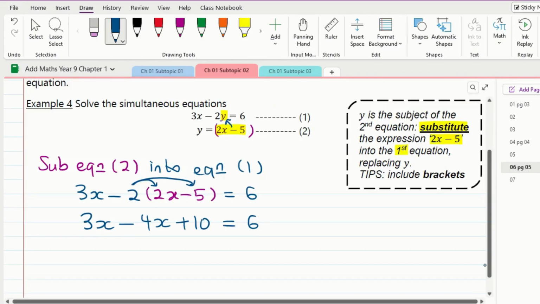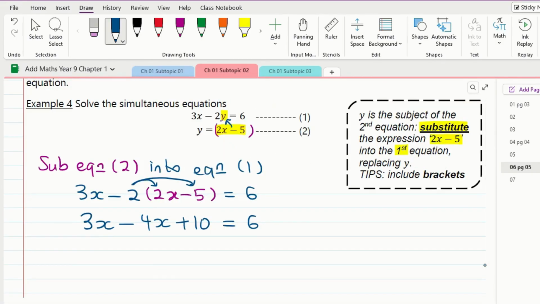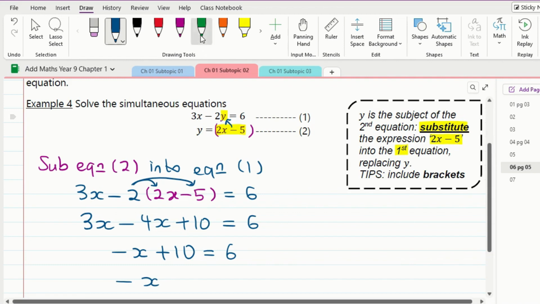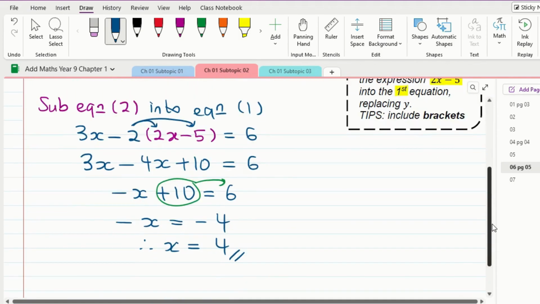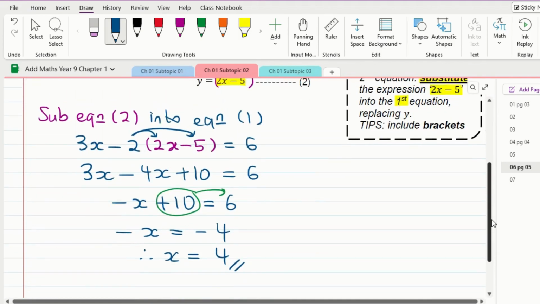So here 3x minus 4x is negative x plus 10 equals to 6. So here negative x is equal to, once you move the 10, 6 minus 10, you will get a negative 4. So therefore x equals to 4. Now the same thing happens here as with the previous method.